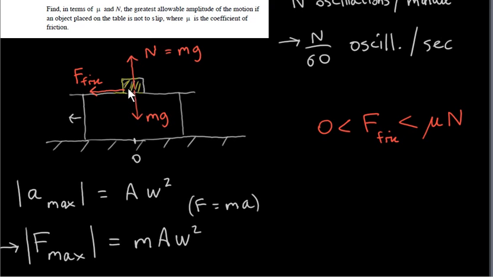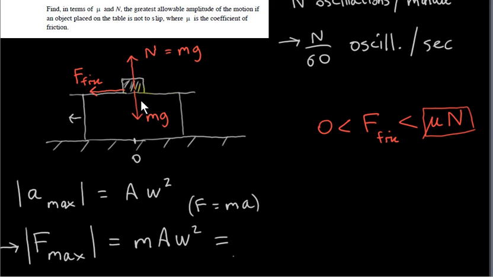So mu depends on the material that the surfaces are made out of. This is the maximum friction force. It should make sense that when the table is moving fast enough, the maximum friction force will be applying, and if the table moves any faster, then this object will actually slip.